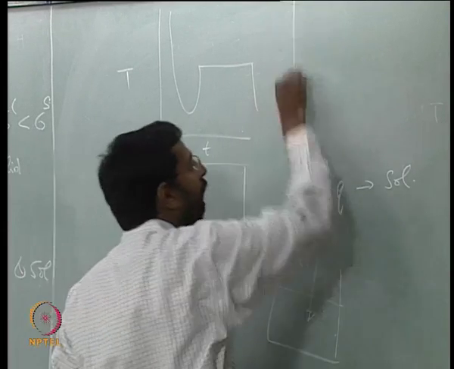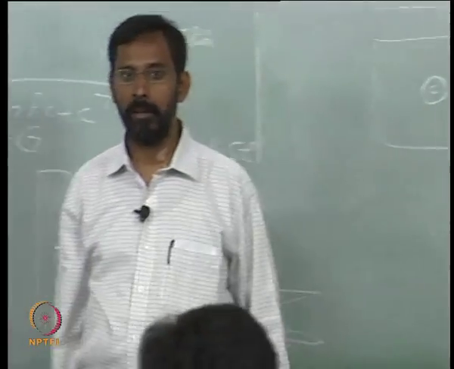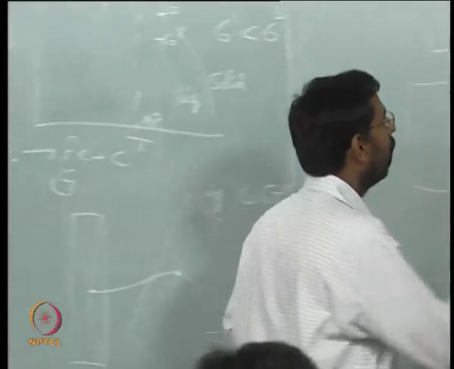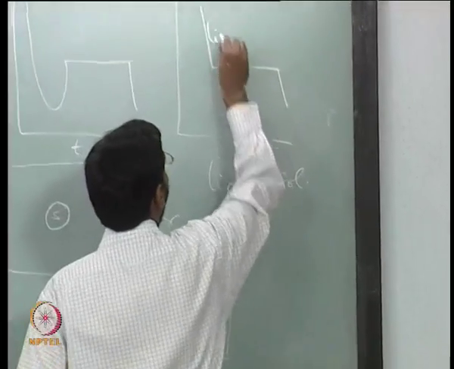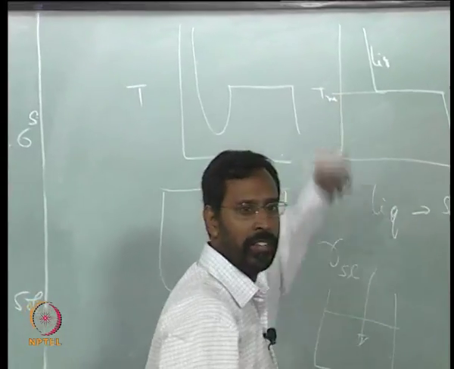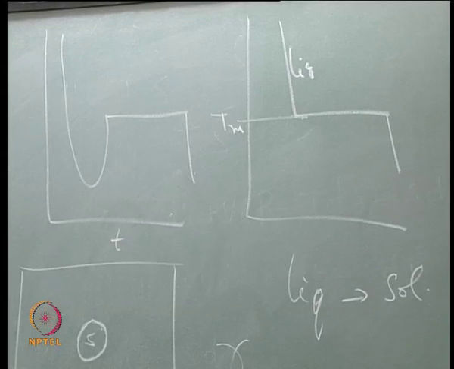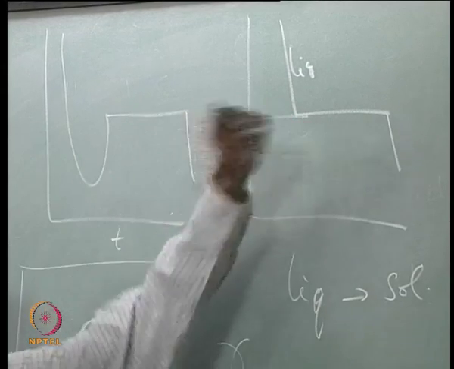In principle, I expect that it should be like this: this is the liquid, and once I bring it to the melting point, this is the melting point. This liquid should transform into a solid at that temperature, but the liquid does not transform to solid.